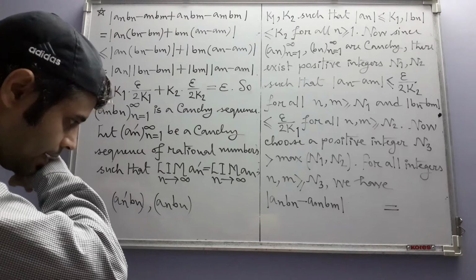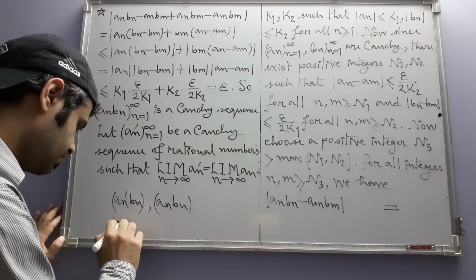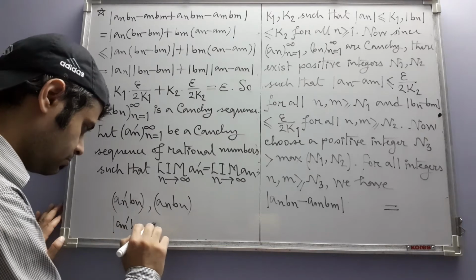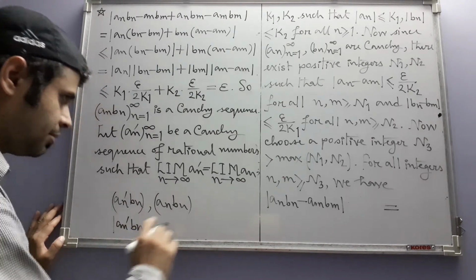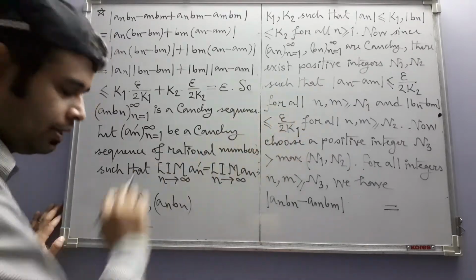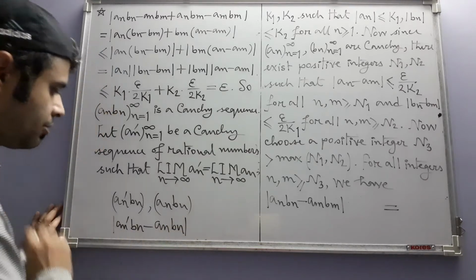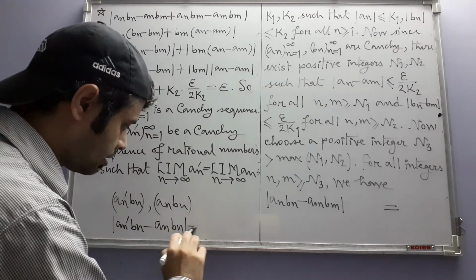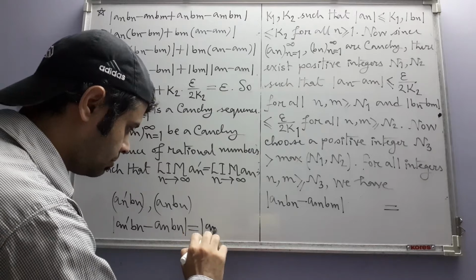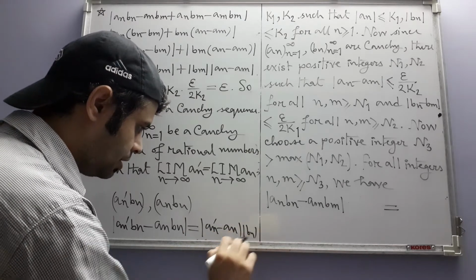Okay. Now if you consider such a distance, in fact that's how we guess what to take here. We want to make this less than epsilon, and this turns out to be equal to an prime minus an times bn.